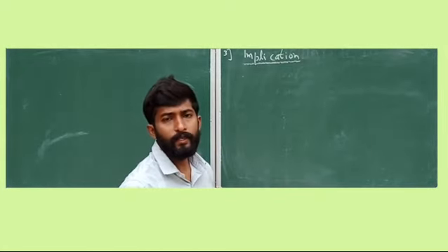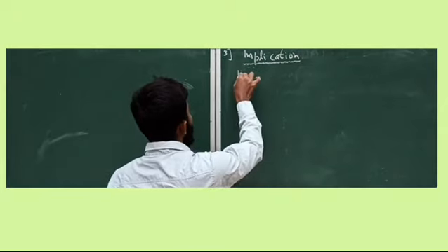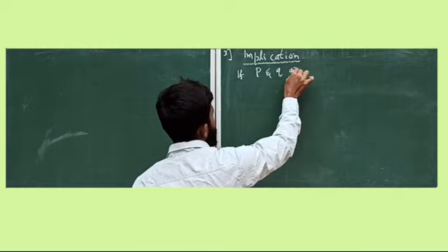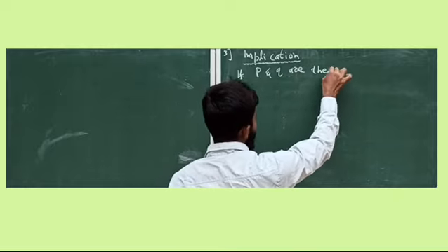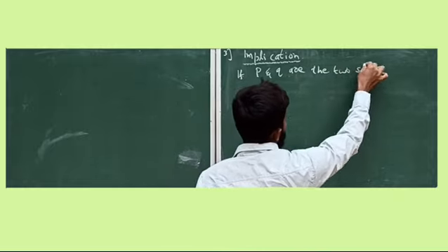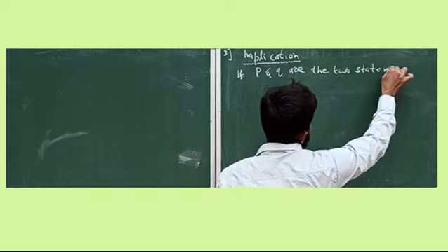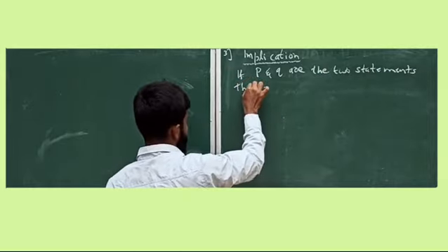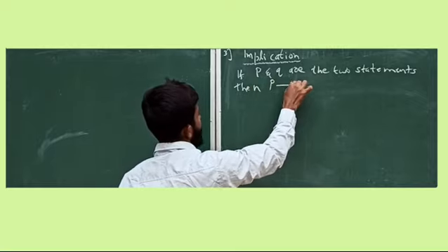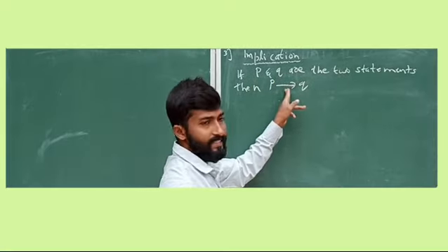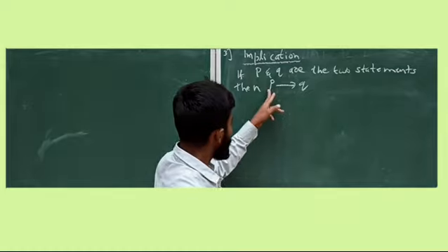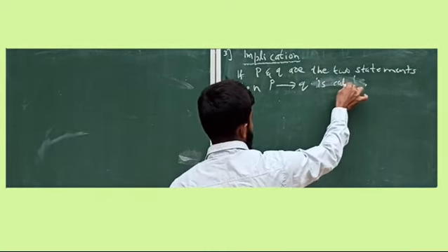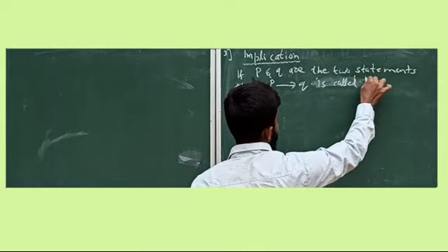The next connective is implication. If P and Q are two statements, then P implies Q. This is the symbol for implication. We read it as P implies Q. It's called the implication.